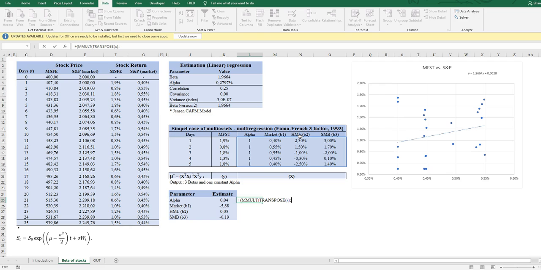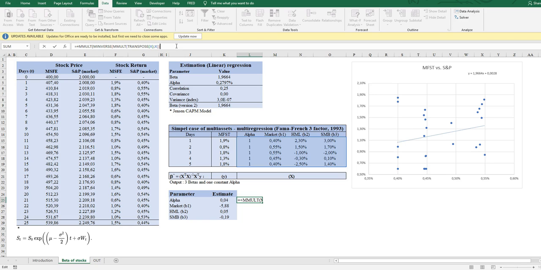Okay, that was the failure. X. Yes. And minverse.